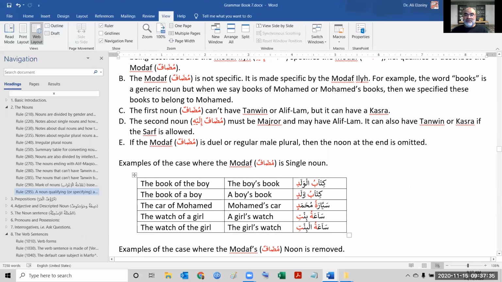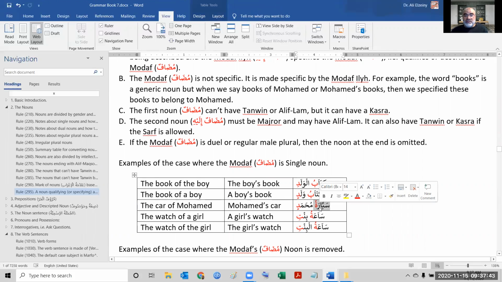Okay? Now, another example. This is a car. By itself it is a car, but we want to qualify or specify it. Then I say Mohamed. So the Modaf specifies the Modaf Ilyh; the second noun qualifies the first noun.